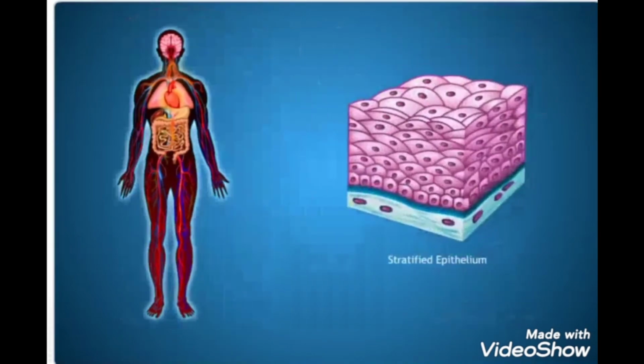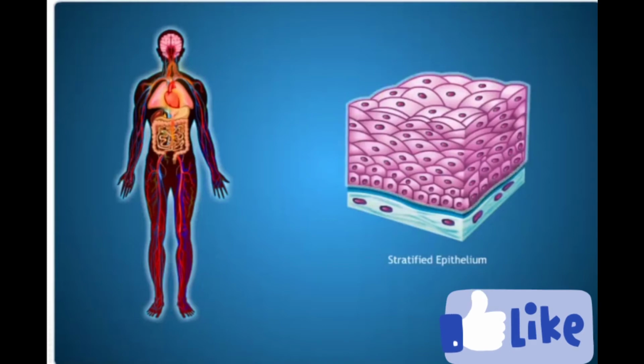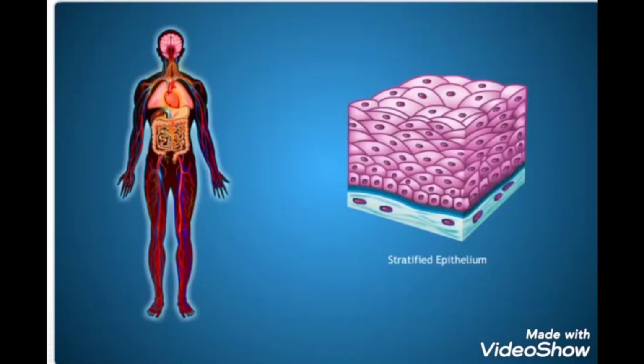Stratified epithelium may have the same or different kinds of epithelial cells. Cells line up one over the other to form stratified epithelium. It is found in places of wear and tear like the epidermis of the skin, lining of the mouth cavity and esophagus.